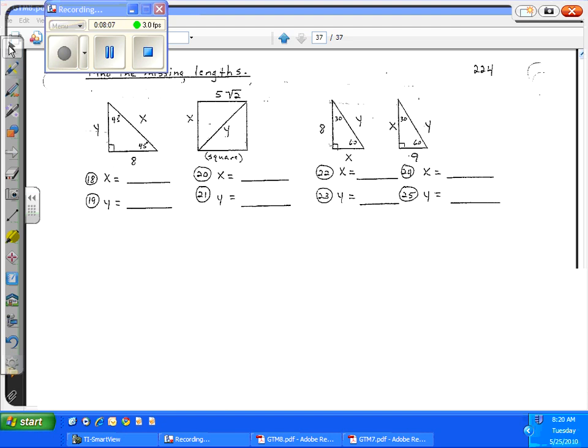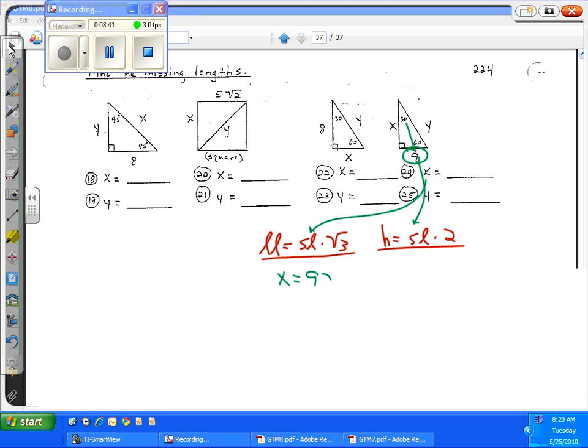24 and 25, we have a 30, 60, 90 triangle, so we're going to use our 30, 60, 90 formulas. Long leg equals short leg times the square root of 3, and hypotenuse equals short leg times 2. What they gave us was short leg 9. The short leg is opposite the 30. So we can put that in short leg both places.